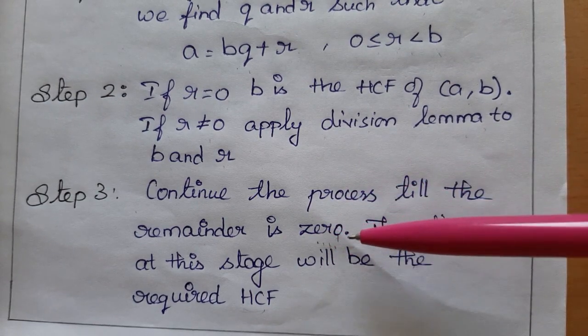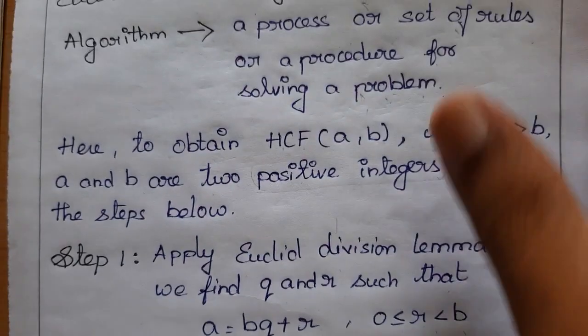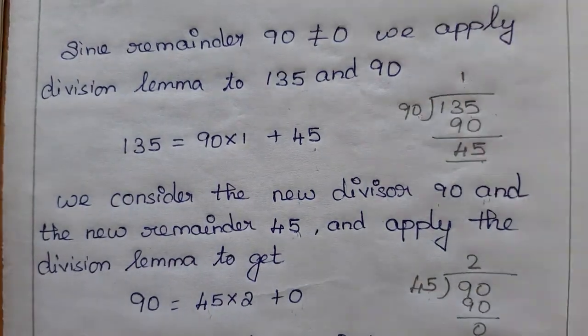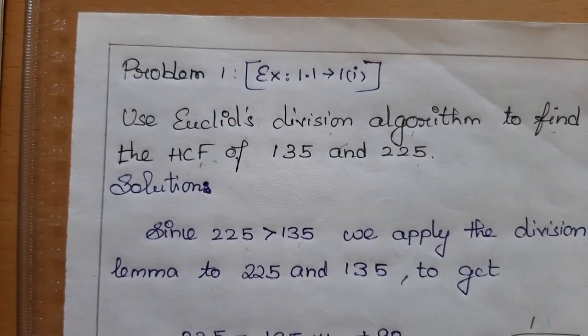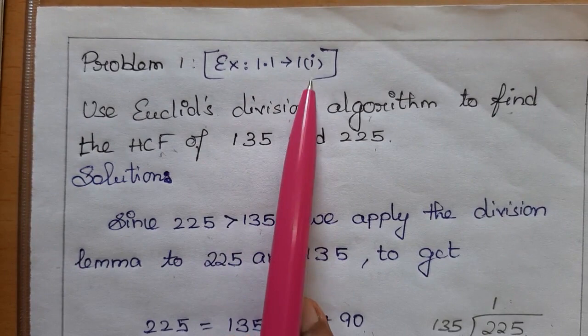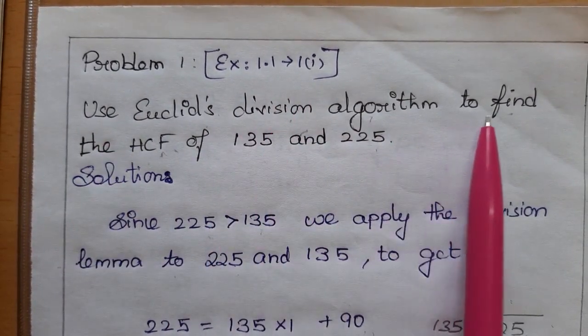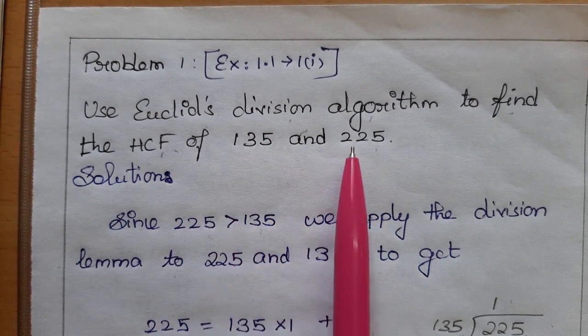I think you will understand with a problem, so next we will go to a problem. Here is problem 1, the first problem in the first exercise of the NCERT book: using Euclid's division algorithm, find the HCF of 135 and 225.